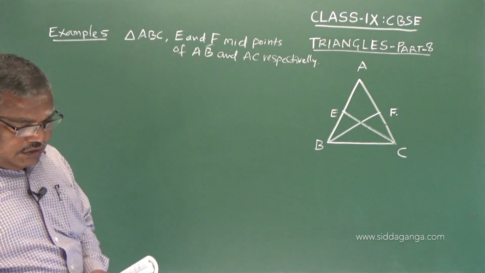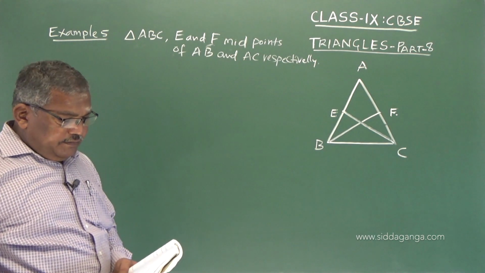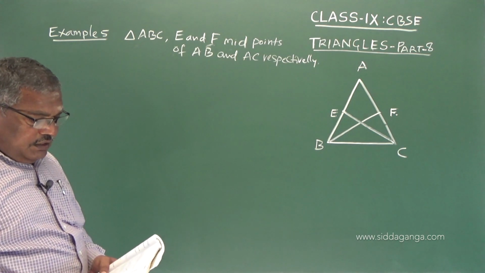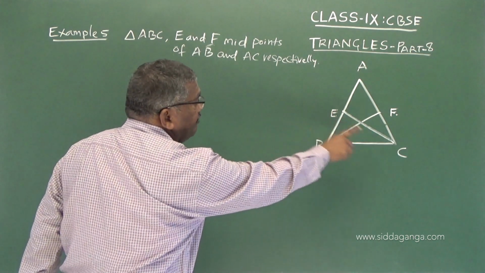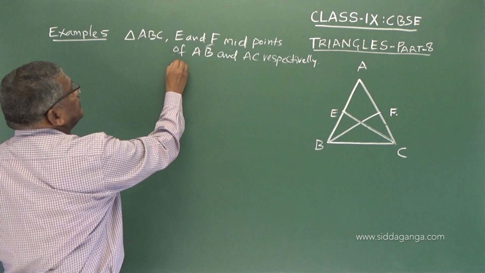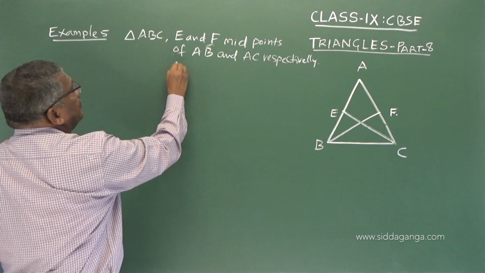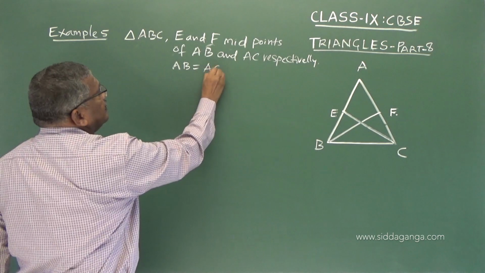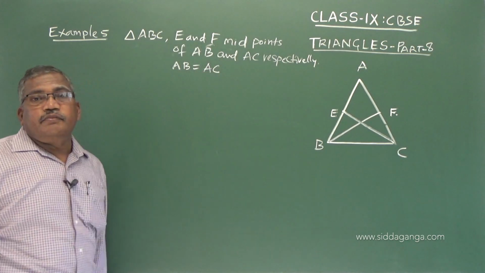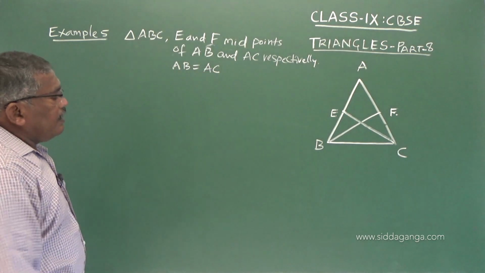So, this is what is given, and midpoints of equal sides. AB and AC are equal sides. So, another data given, AB is equal to AC. So, this is the data given.